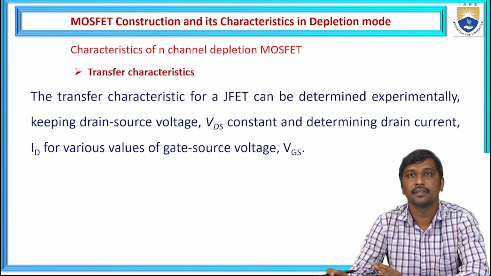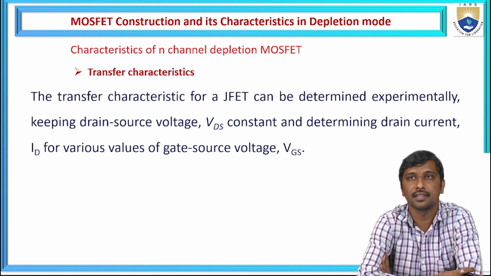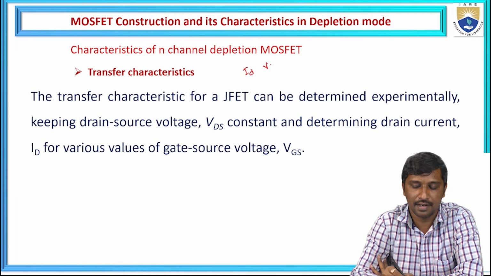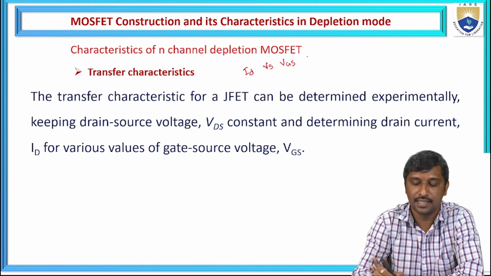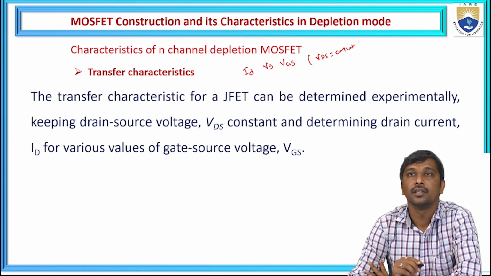Now coming to the transfer characteristics, the other characteristics. To plot the transfer characteristics, we need to plot drain current versus VGS by keeping VDS constant.